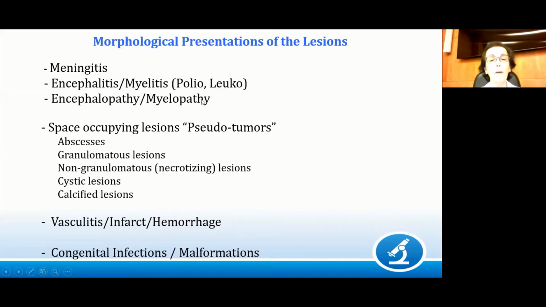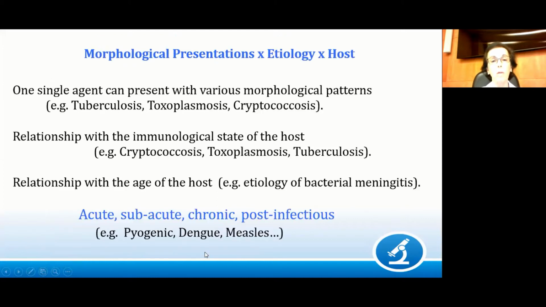Some do not cause inflammation, encephalopathy and myelopathy, as I'm going to show you. But most of them cause space-occupying lesions or pseudotumors, which can be abscesses, granulomatous lesions, non-granulomatous, usually necrotizing lesions, cystic lesions, and calcified lesions. Some cause vasculitis and therefore infarct and hemorrhage, and some cause congenital infections, therefore malformations.